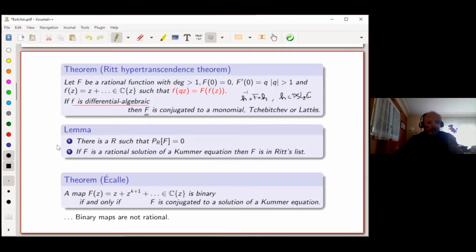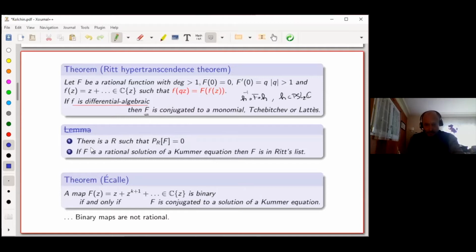So a part of this talk is to show you that using ideas from pseudo-group theory, you can reorganize the proof of Reed basically in two steps. I don't know why I wrote lemma here. These are steps of the proof. The first step is to prove that there exists a rational function R such that your f, that appears here in your equation, satisfies a Kummer equation.